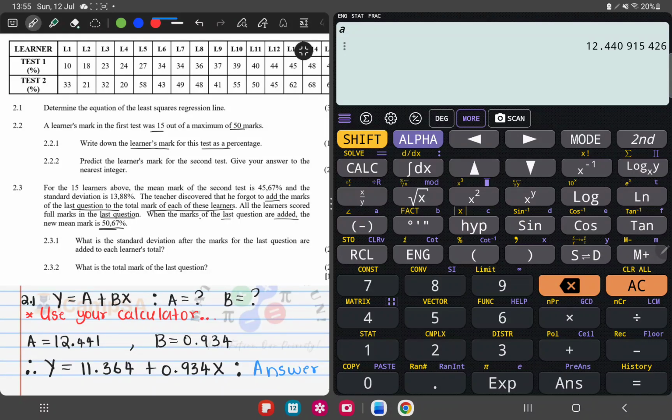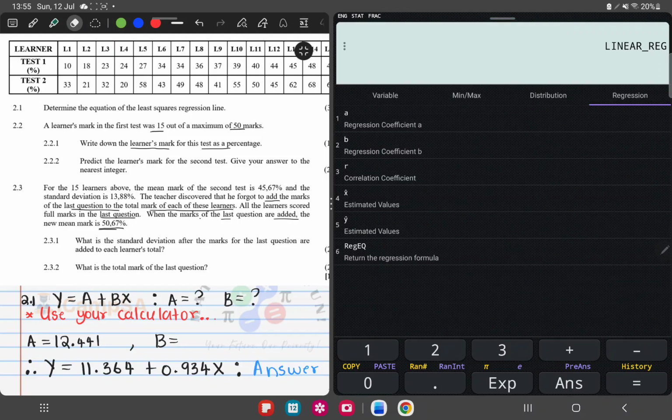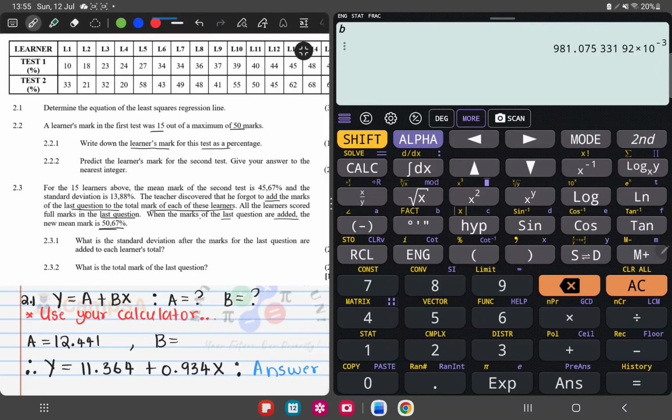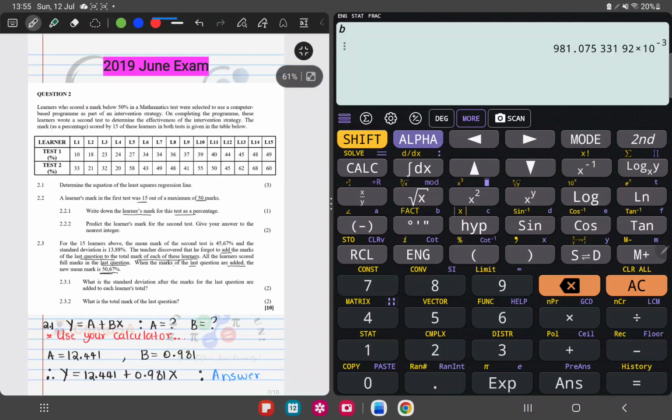The A value that I'm getting is 12.441. And let's go for the B value, shift 1, B. If you look carefully, the B value becomes 0.981. So now we can rewrite our expression: 12.441 plus 0.981 times x.